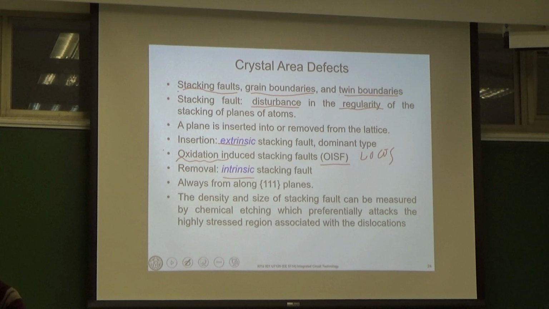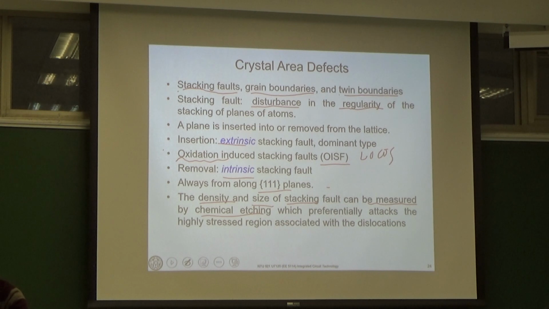It always forms along the 111 planes. Okay. Since you have higher atom density along your 111 planes, it's easier to observe this kind of stacking fault. Okay. The density and size of stacking faults we can measure with a chemical agent.